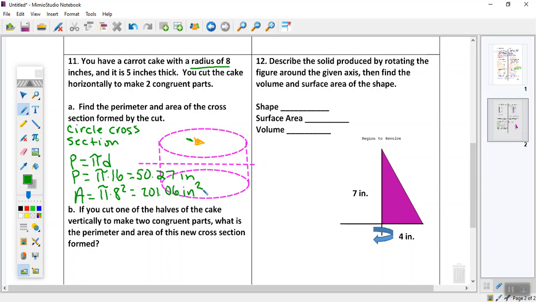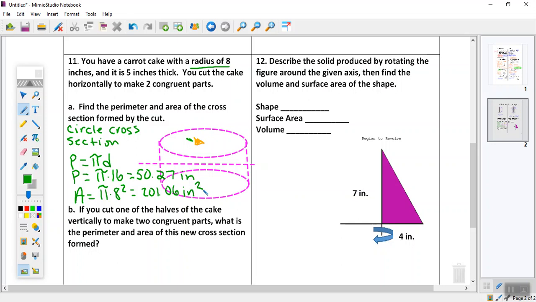Okay? Now, here's the different part, and I don't know who said rectangle earlier, but if I cut vertically, then what would the cross section look like? It would be a rectangular cross section, wouldn't it? You all good with that? Yeah, rectangular.